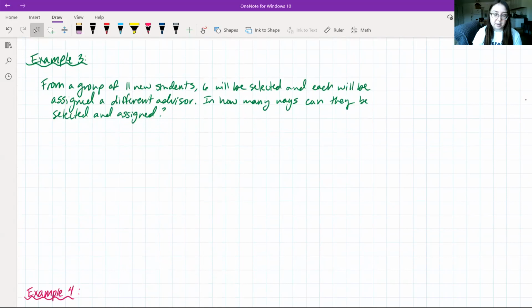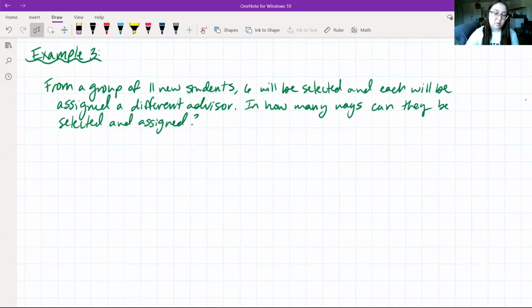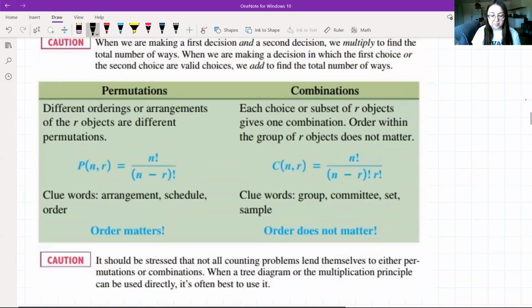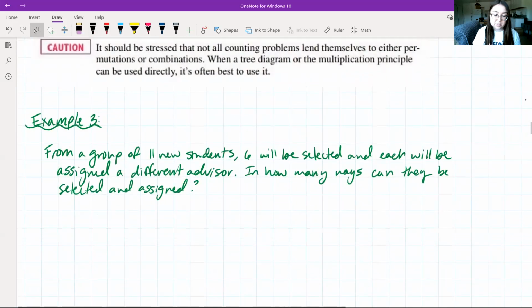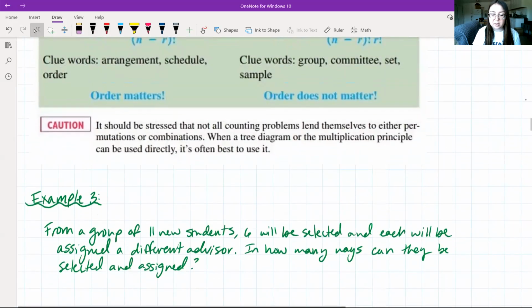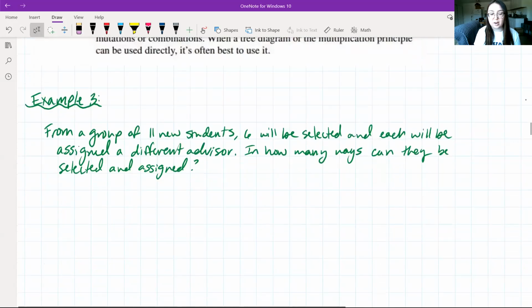All right, example 3. From a group of 11 new students, 6 will be selected and each will be assigned a different advisor. How many ways can they be selected and assigned? Even though in this question there aren't any clue words from our chart, we do see the first word being "group," and that's in our combination list.